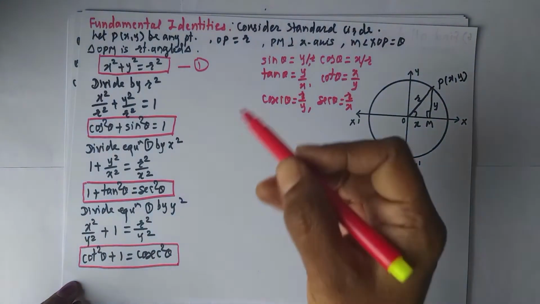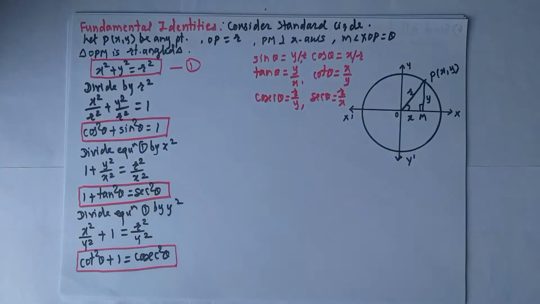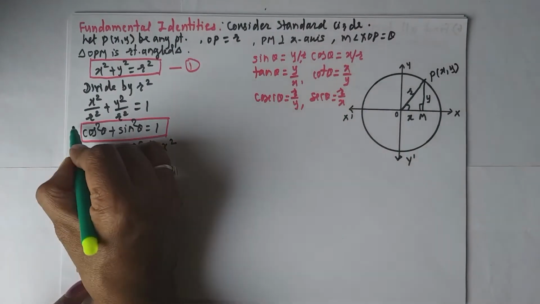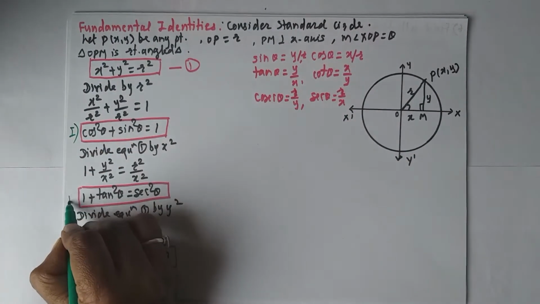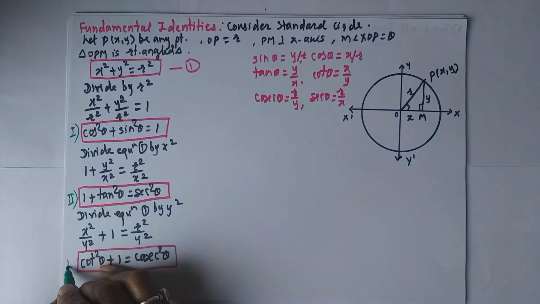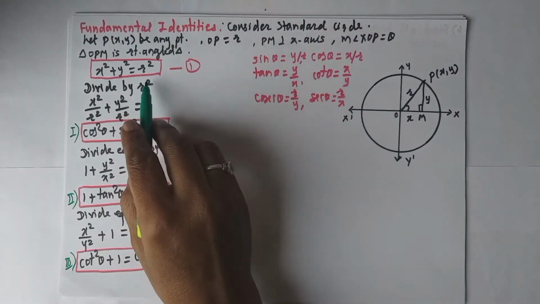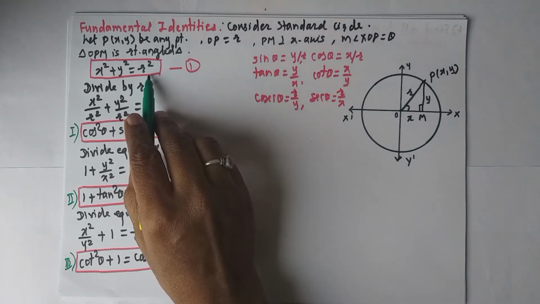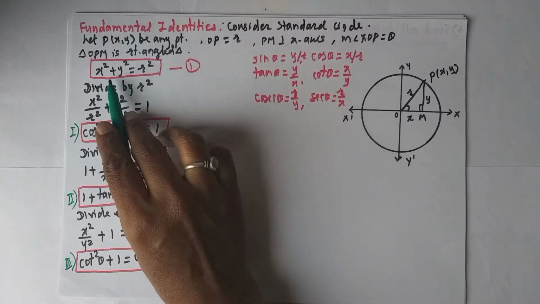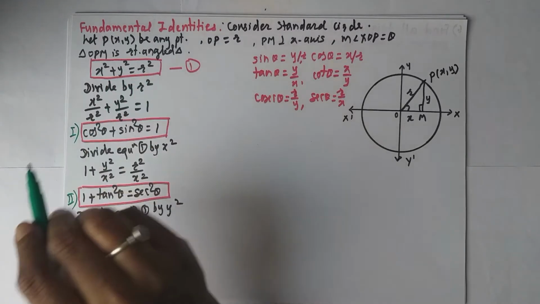Now, what I have written in the rectangular box, we have to remember as formulas. This is your first identity, this is your second identity, and this is your third identity. If you know these three identities, then you are able to solve the problems on trigonometry. Again, to find the radius, you have to remember this formula: x square plus y square is equal to r square.